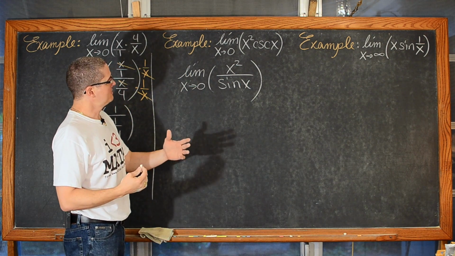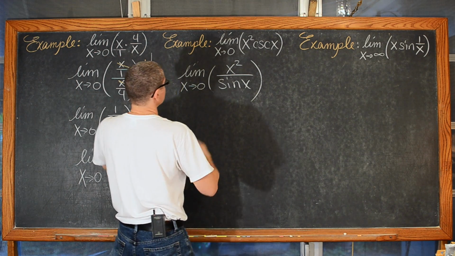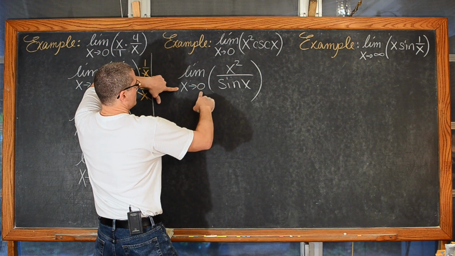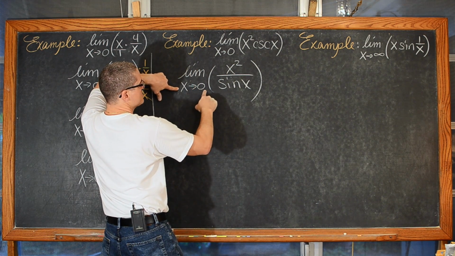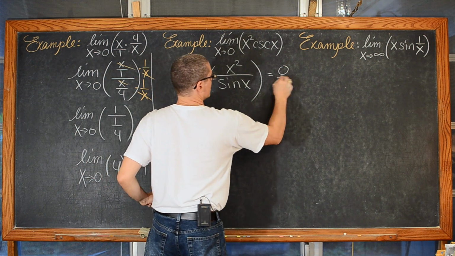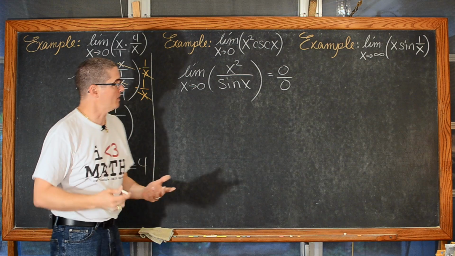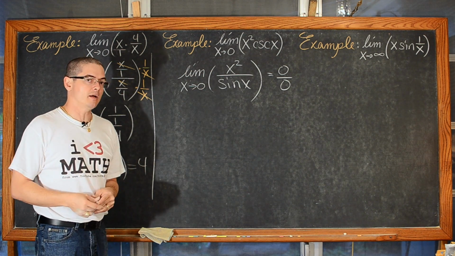And now, let's make sure that we can apply L'Hopital's rule before we just start doing so without thinking. We plug the x in, with x approaching 0. So we have 0 squared, which is equal to 0, and the sine of 0 is also equal to 0. Okay, so that is the indeterminate form that will allow us to apply L'Hopital's rule.